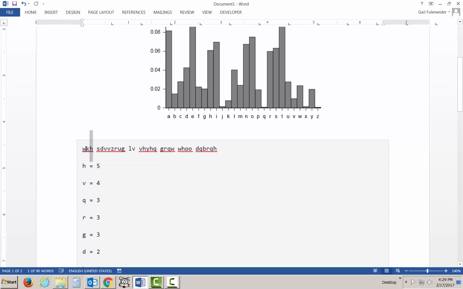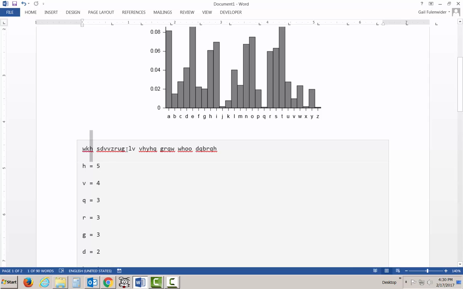Now, we've already placed this H with an E. If we go to the W, it is a 1, 2, 3. W's will be replaced with T's. We look at the K's, 1, 2, 3. It's replaced with an H. That gives us, for the first combination of letters, the word the.